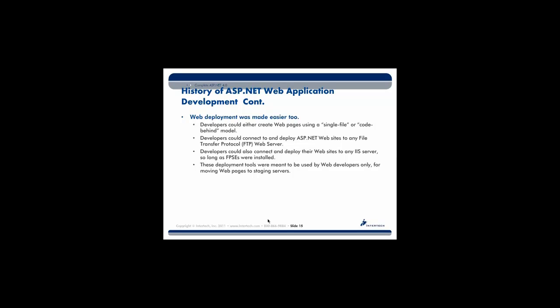I talked about the deployment already, but with websites, Microsoft made it even easier to develop web pages. They said, if you have 100 web pages on your site, with a web application project, that required you to have 200 files you had to maintain within your source control manager, whether it be SourceSafe or, when they released Visual Studio 2005, TFS. So they said with websites, let's make it easier.